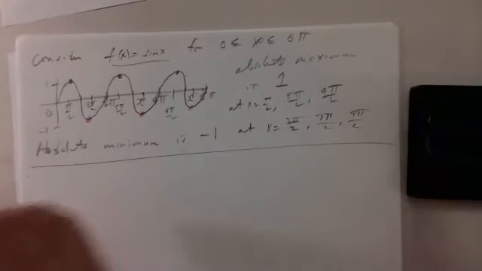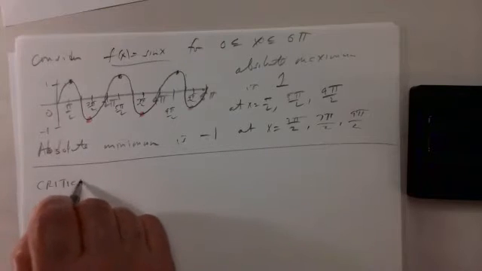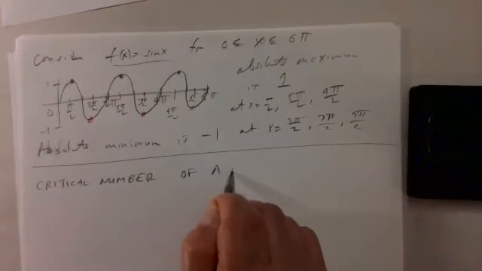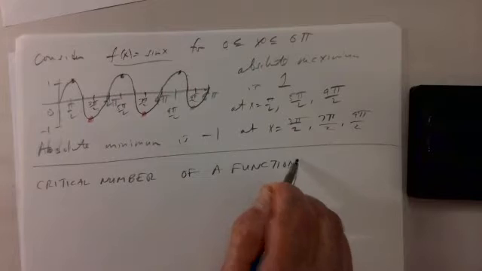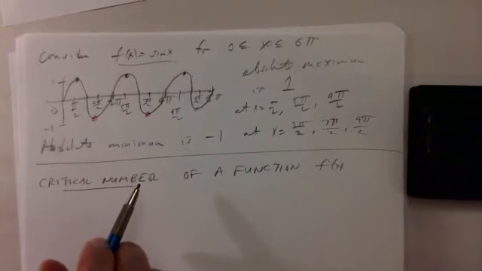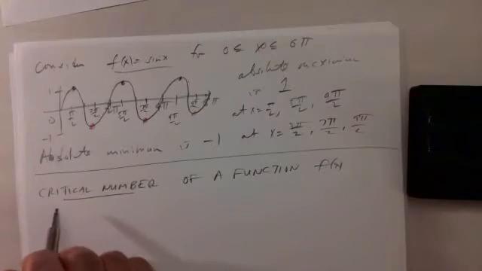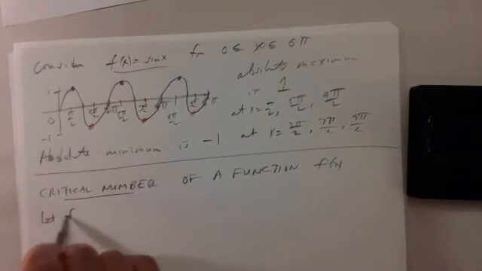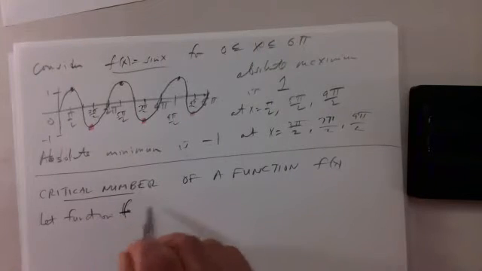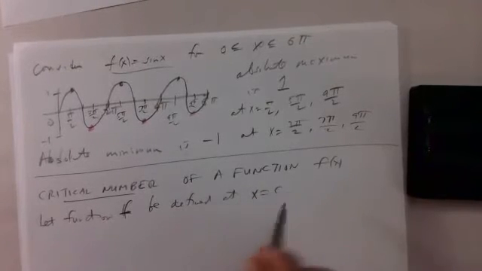Now, in order to understand relative maxima and minima, we need the definition of what's called a critical number of a function f of x. A critical number is just a point where the derivative is zero, almost. So let the function f be defined at x equals c.